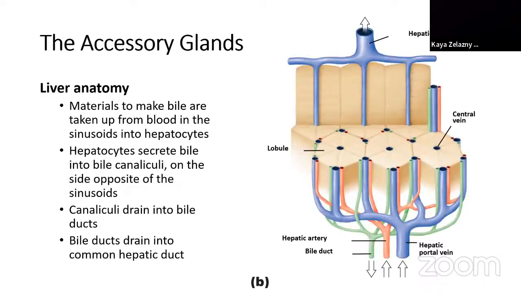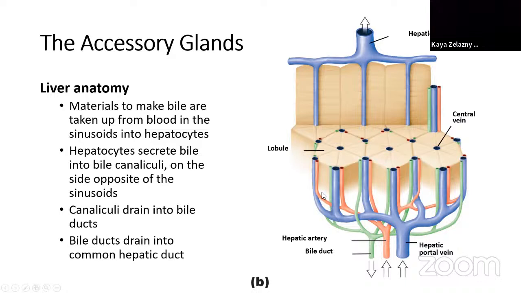If we look into the liver, we can think a little bit about how we make that bile. The materials to make it are coming from that venous blood coming through our portal vein. So we're picking up materials. They're going into the edges of these little substructures of the liver called lobules.